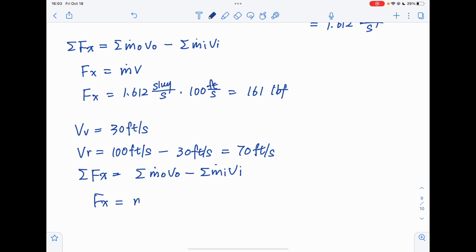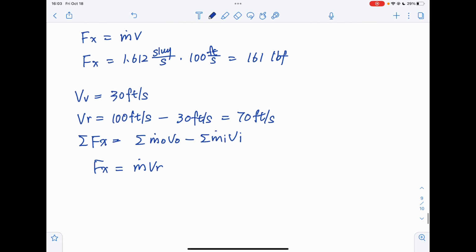Fx equals m dot times VR, and the direction is positive, so 1.612 slug per second times 70 feet per second, which gives you 113 pound force.